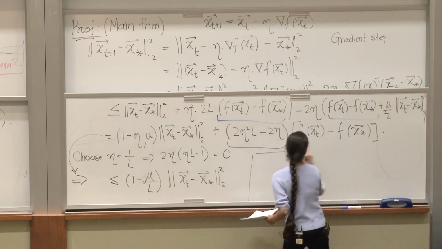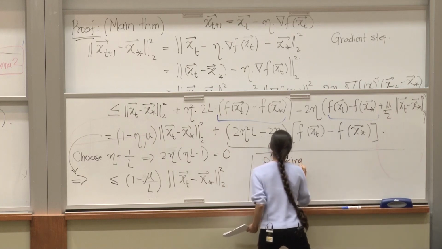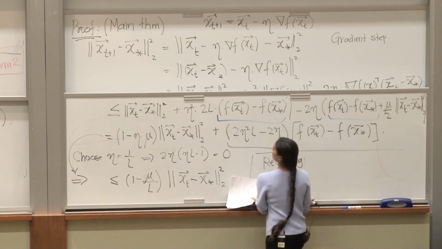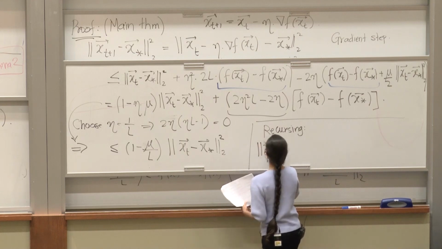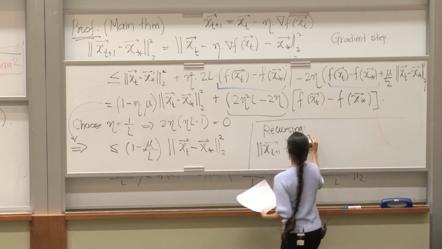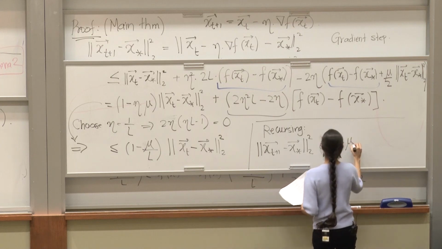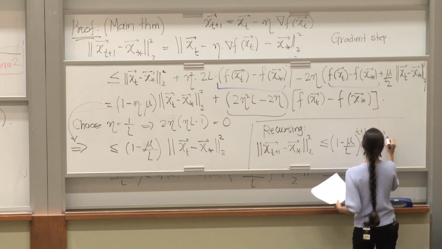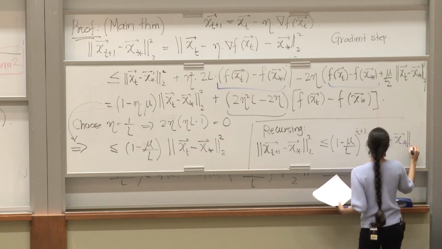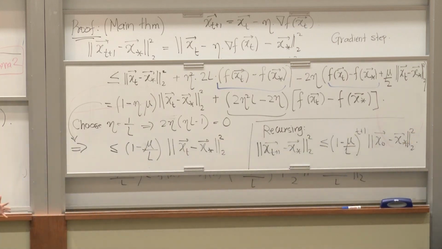And then recursing that, I get that the norm of xt minus x star squared is less than or equal to 1 minus mu over L to the t plus 1 times my distance from x naught. Which is what I wanted to show, right?